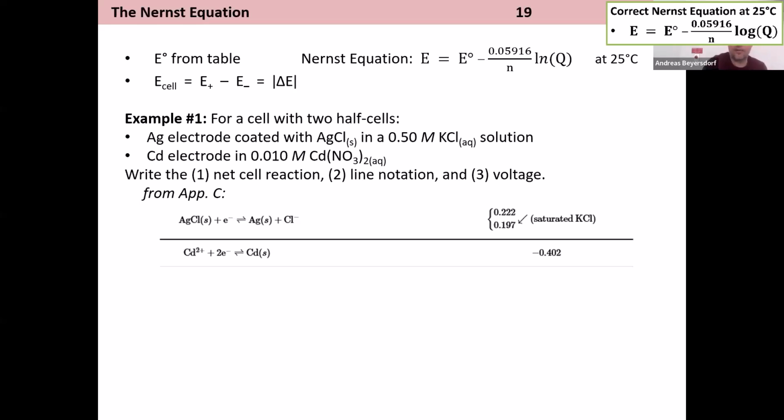It has the higher value, the higher potential. Having the higher potential means you're more likely to be reduced. So that means this one will be reduced, which means that it can stay as is.